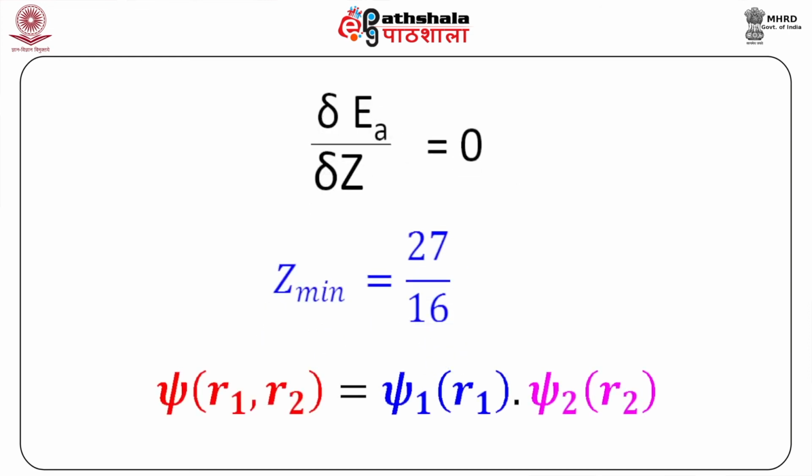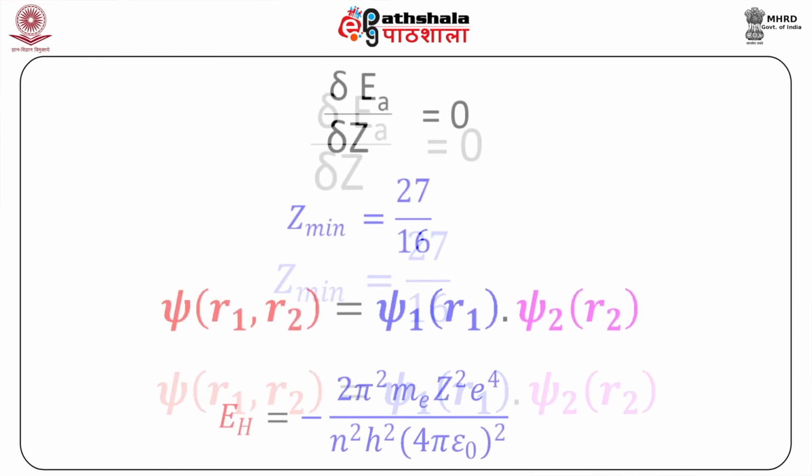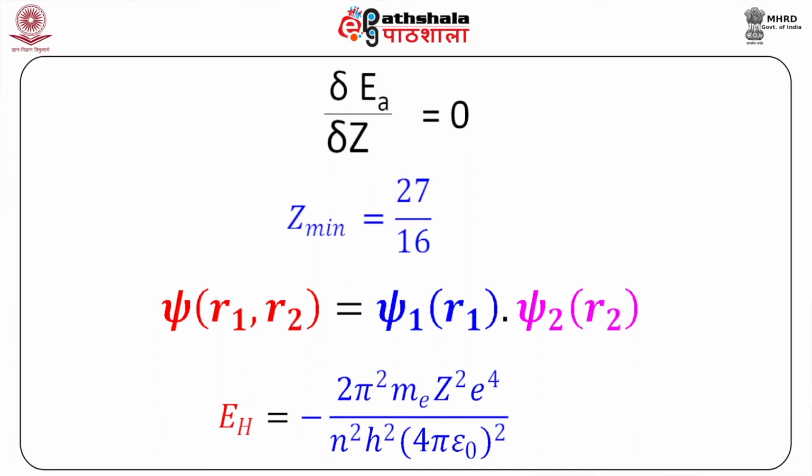Psi naught is equal to psi 1 r1 into psi 2 r2. Since energy is an additive property, on ignoring inter-electronic repulsion, helium atom energy becomes sum of energy of two hydrogen atoms. The energy of hydrogen atom is given by equation 19a with Z equal to 1.